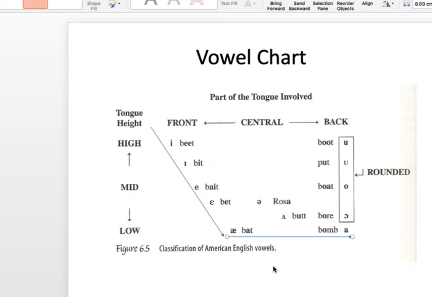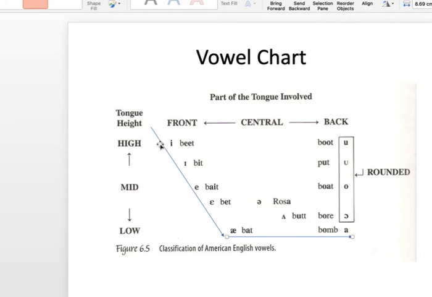At least one thing you can see: this is not a square, not a box where all 4 sides are equal. You can see it starts from here and comes down like this.